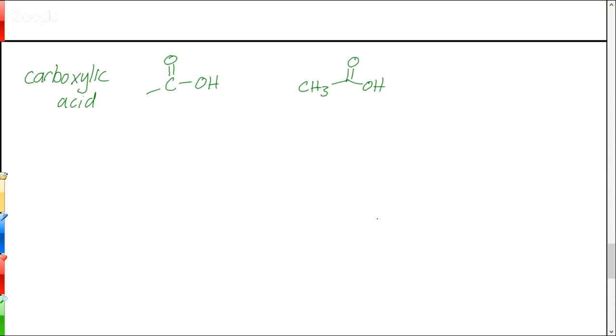All right, and related to those are what we call the esters. These are more flavor and aroma type molecules. It's kind of like an acid, but instead of an OH, it's an O and then some other carbon stuff attached there.